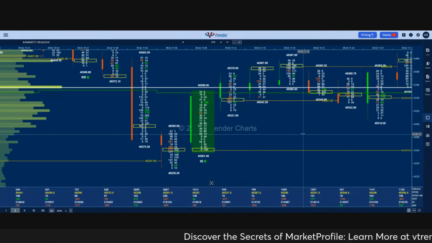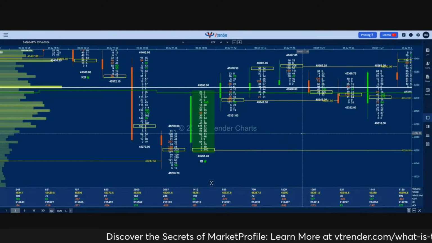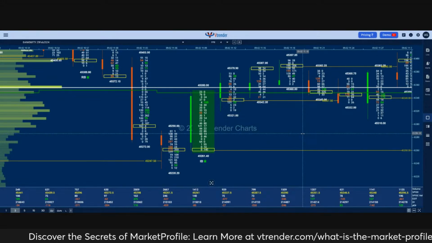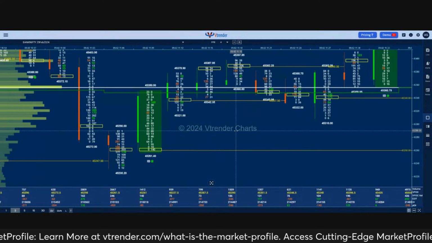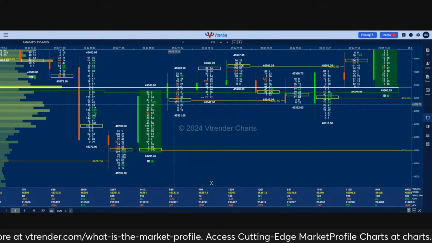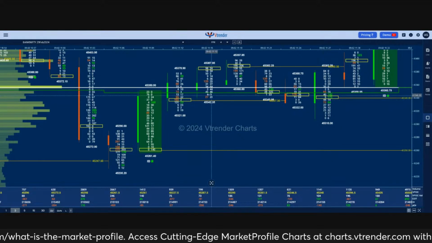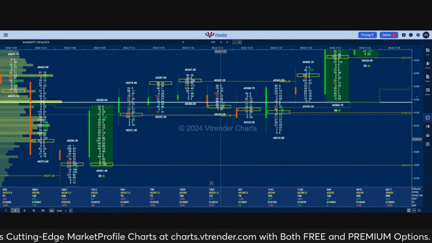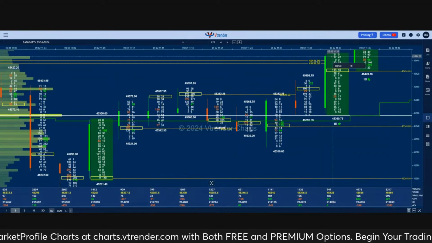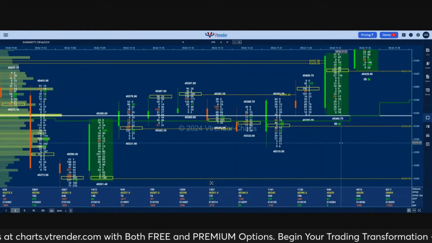So the first thing was, if the buyers are in control, they would have to keep the auction above the VWAP, which they were fairly able to manage, because you can see, although we were dipping below VWAP, it was getting defended. We are getting some good demand. So here this 1133 bar was more confirmation.